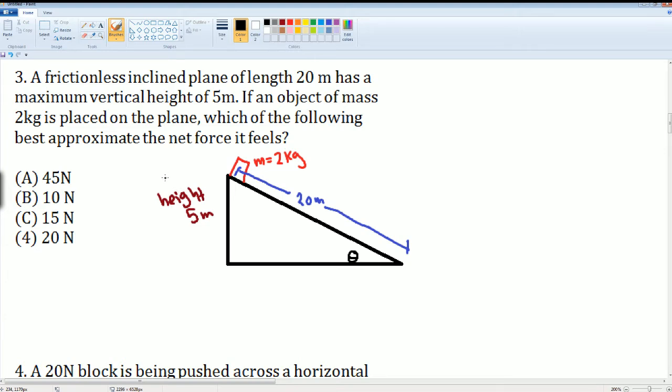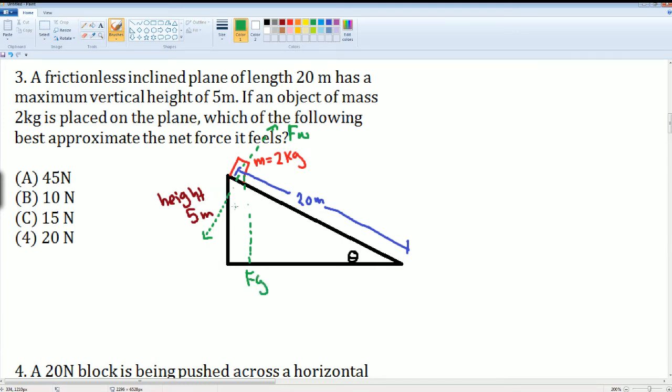All right. So here, what are the components? Right. So here there is a normal force, and there is a force of gravity that goes down here. So this is force of gravity.